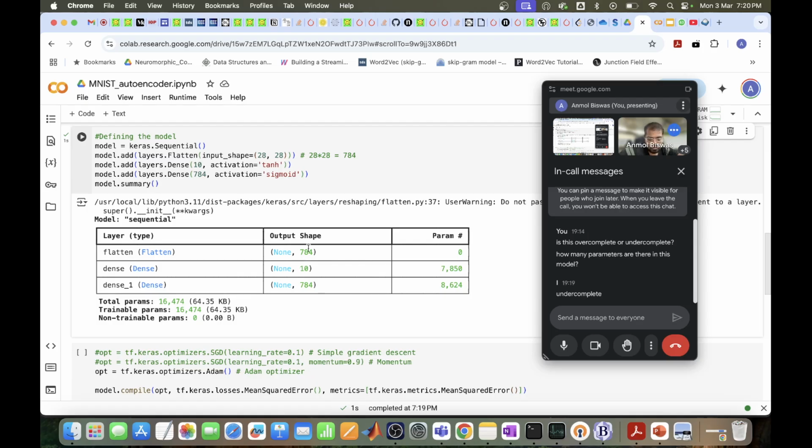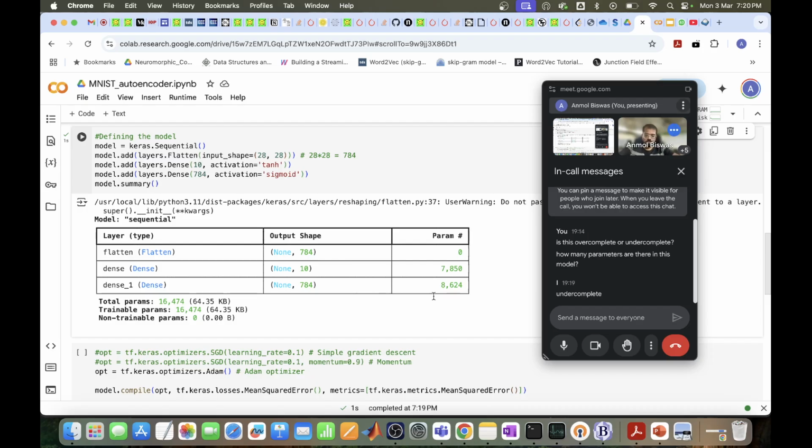Then from 10 to 784, it's the same number of weights, 7,840, but the number of biases we add now is 784. So you add 784 to 7,840 and you get 8,624.